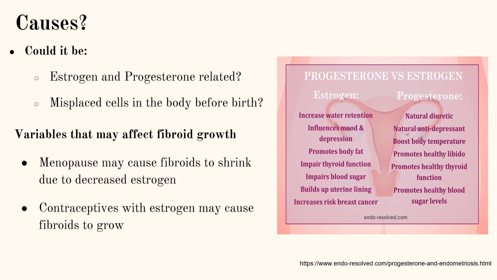So that is what's leading people to believe that estrogen, of course, causes some of these different factors in the uterine lining growth. And so when you look at what the progesterone and estrogen do in this slide, you can see that there is a difference in the two hormones. And so it leads people to believe that estrogen is related to the growth of the fibroids.